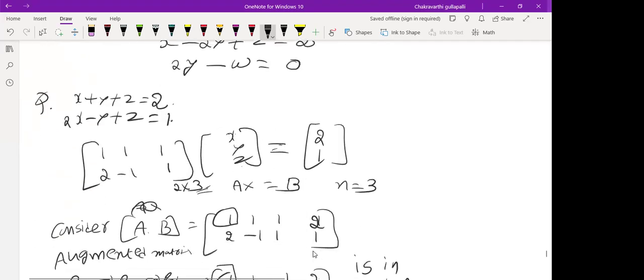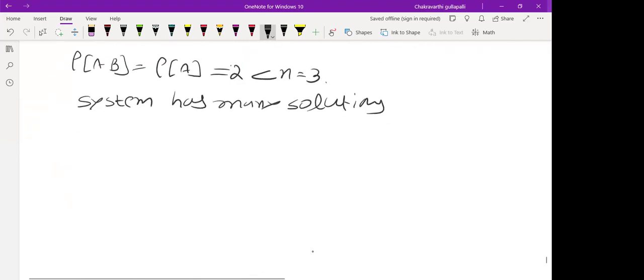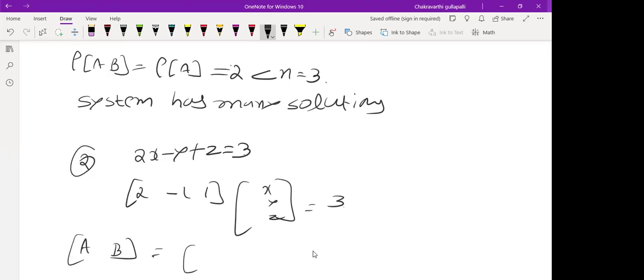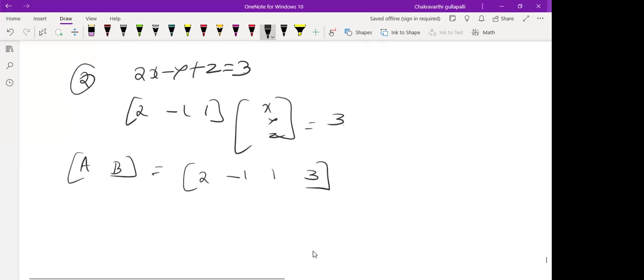2x minus y plus z equal to 3. This is nothing but 2, minus 1, 1 times x, y, z equal to 3. So A along with b: 2, minus 1, 1, 3. This is already in echelon form. This is the leader, below that nothing to make zero.